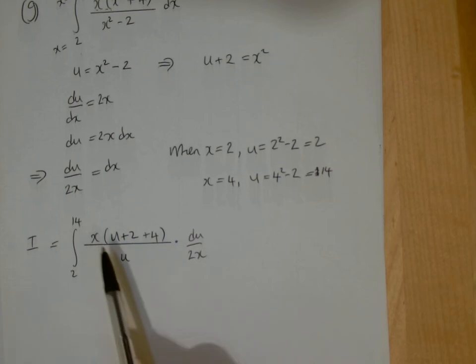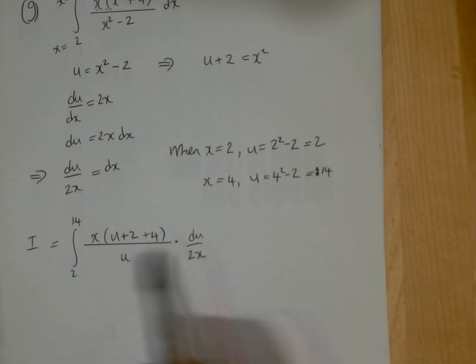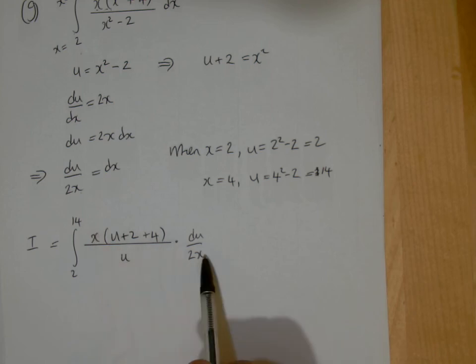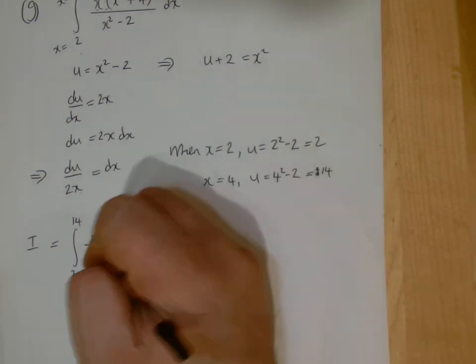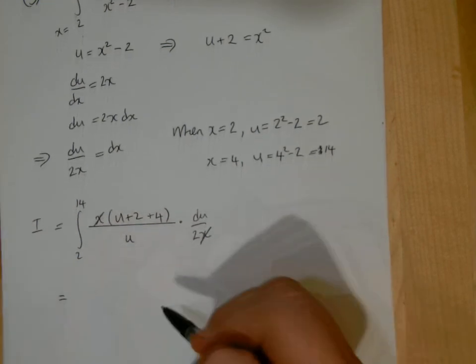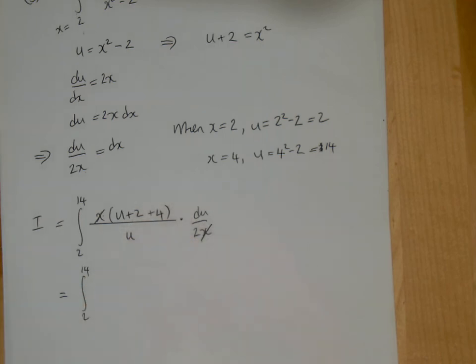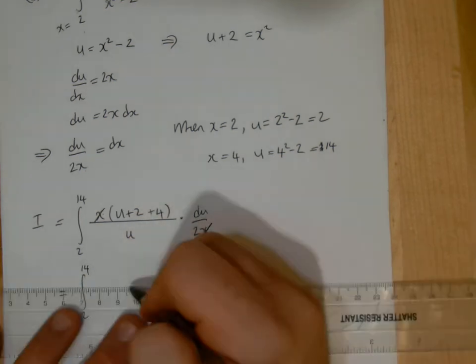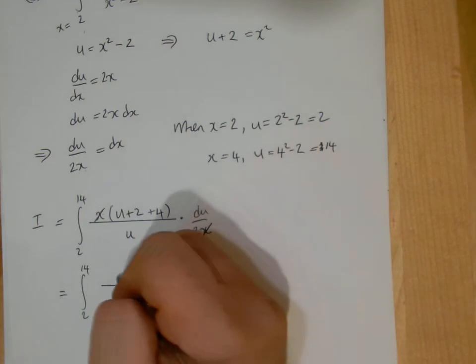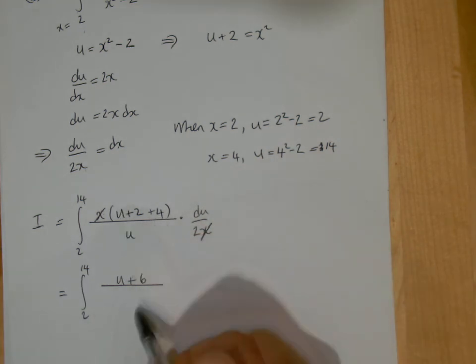Well, our problem with x has been solved, hasn't it? Because you've got x on the top here, which is a bit of an issue, and we've got x on the bottom as well. So it'll be x divided by x. They cancel. So you end up having the integral between 2 and 14, on the top you've got u plus 6, because that's what that becomes, 2 and 4 is 6.